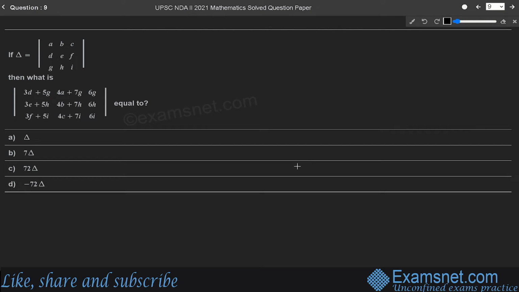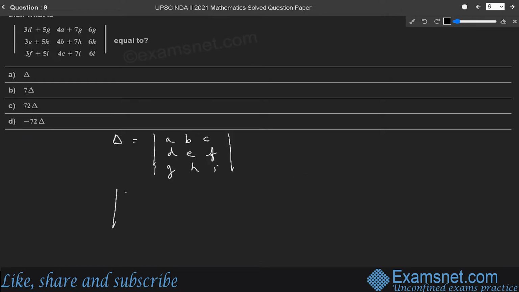Next question is, if delta is equal to the determinant with rows A, B, C, D, E, F, G, H, I, then what is the value of the determinant with rows 3D plus 5G, 4A plus 7G, 6G; 3E plus 5H, 4B plus 7H, 6H; 3F plus 5I, 4C plus 7I, 6I.